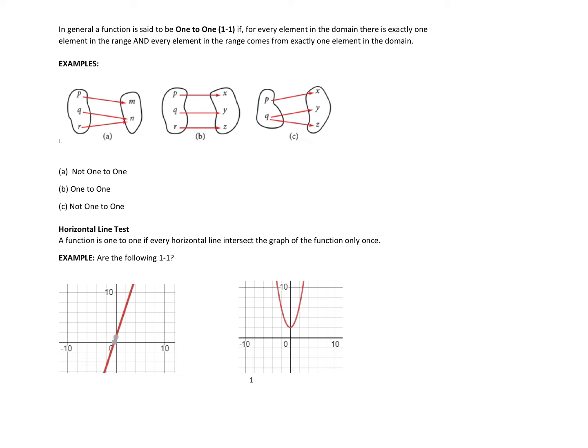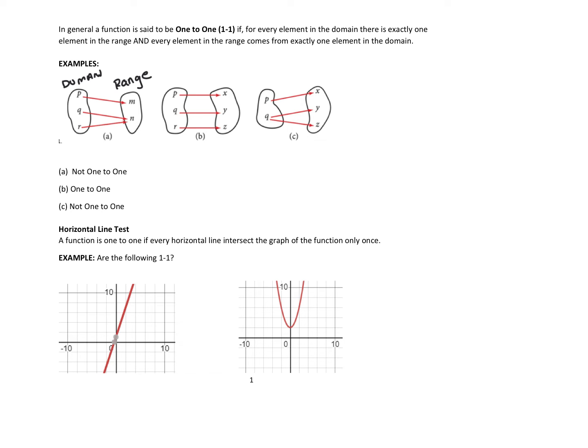So I have three examples here. When we look at each one of these, for the first example, everything in this first set, which we call the domain, corresponds to only one thing in the second set, which we call the range.